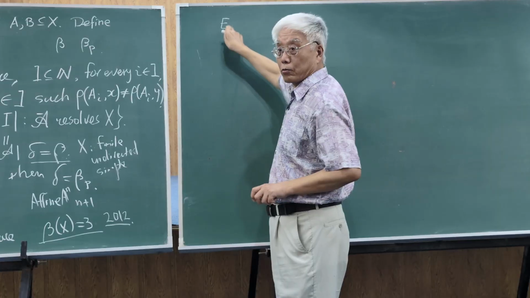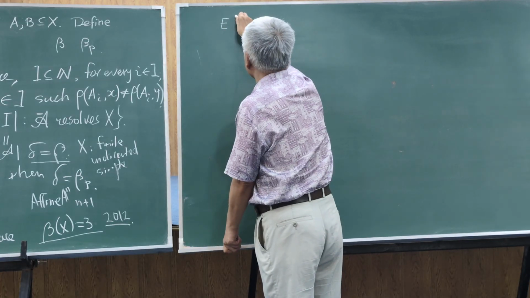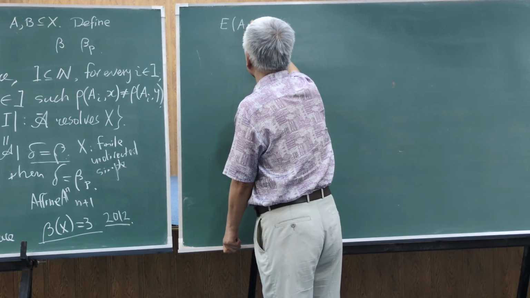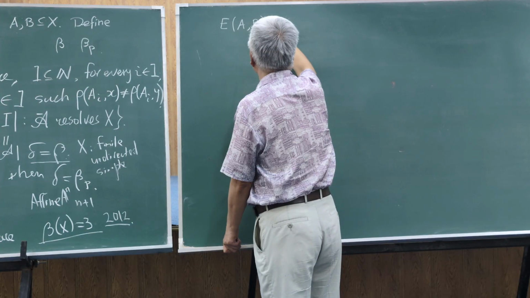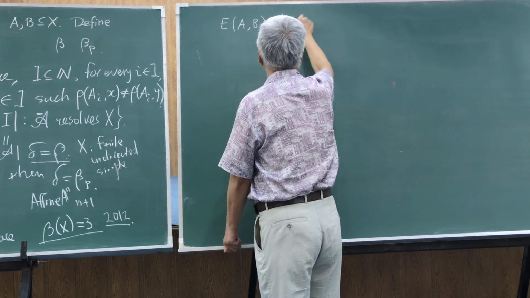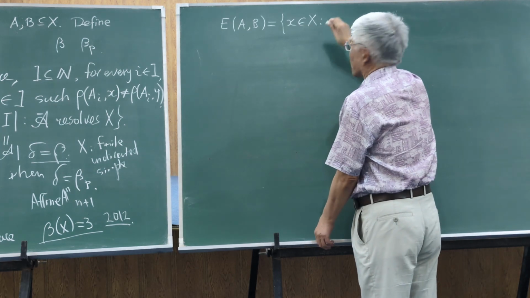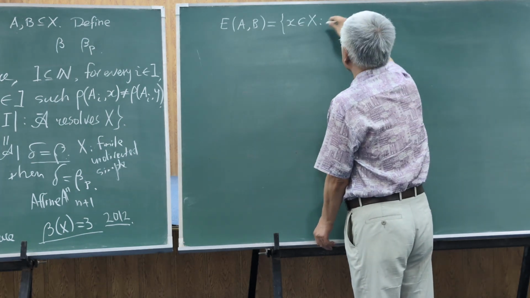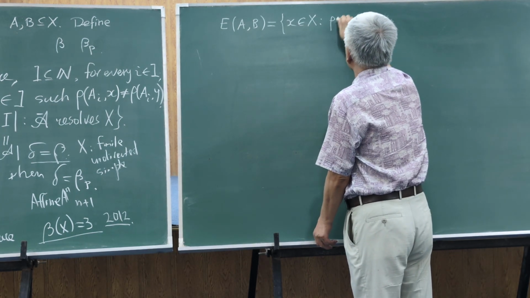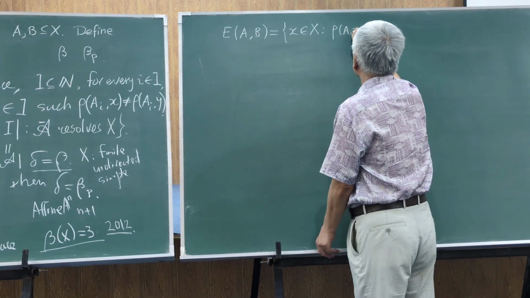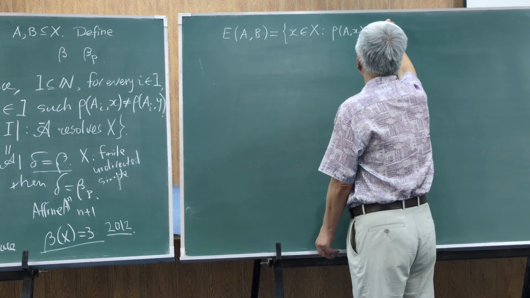Equidistant set, so it starts with E, no problem. The equidistant set corresponding to two subsets A, B is given by the x in X, where X is any metric space, such that rho(A, x) is equal to rho(B, x).